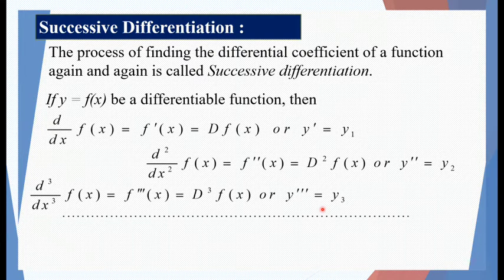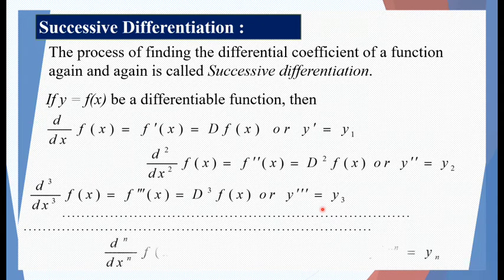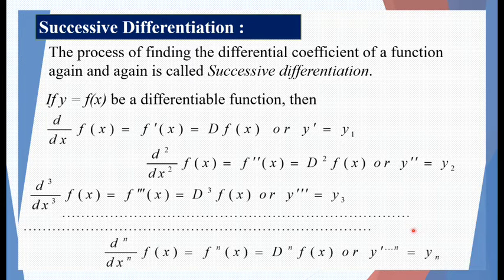Similarly, in this manner, we can write the nth derivative of function f(x) as d n over dx raised to power n of f(x), which is equal to f raised to power n of x, or D raised to power n f(x), or y n times dash, or yn.